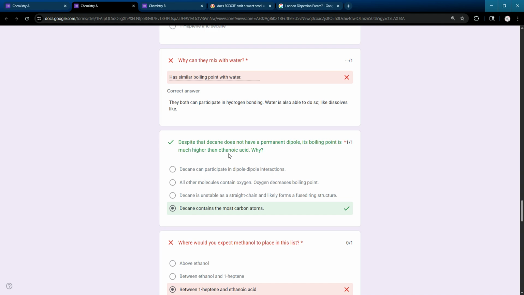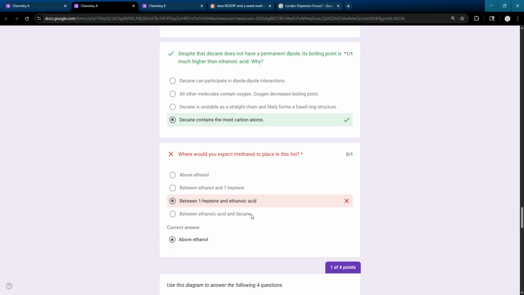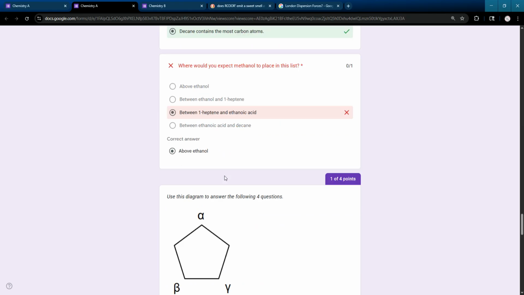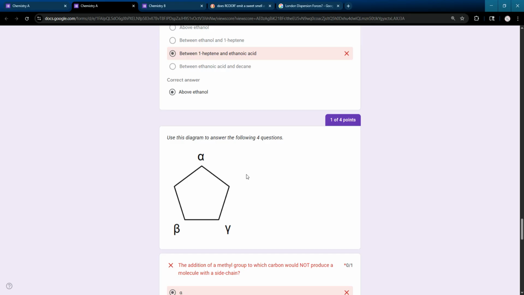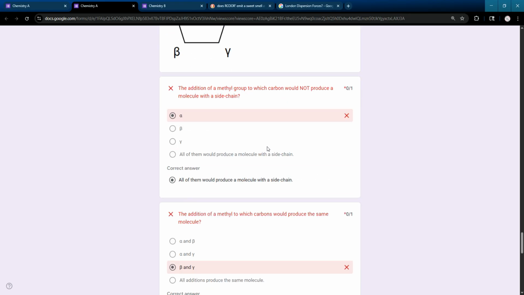Much higher because of that. Yeah, so I was gonna say it could be he has the smallest boiling point, shortest boiling point.